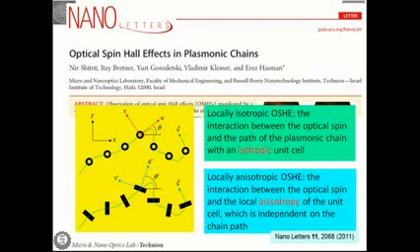We studied two distinct plasmonic chains: a plasmonic chain consisting of isotropic nanoantennas along a curved path, and the second one, a plasmonic chain consisting of anisotropic nanoantennas with a space-variant orientation direction along the path.